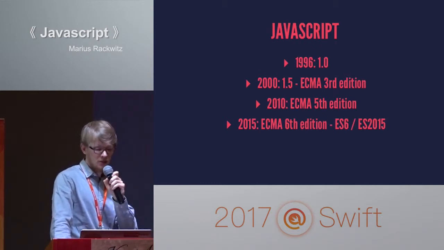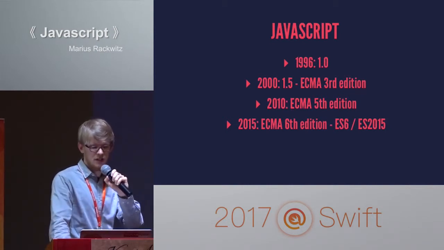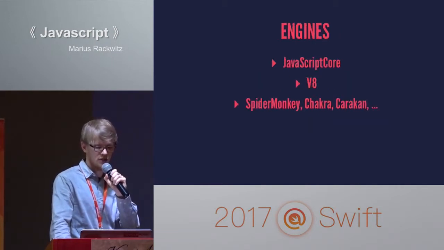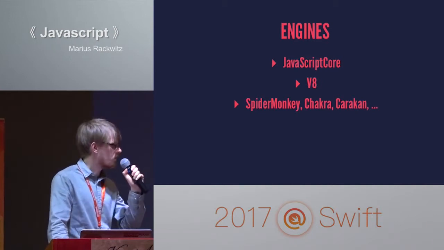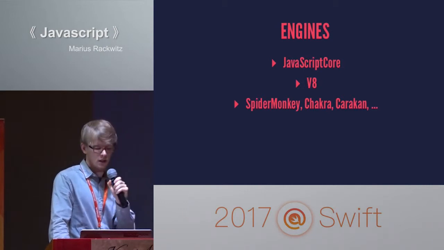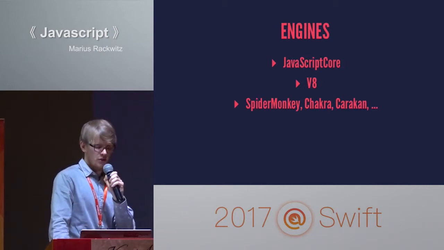And JavaScript is supported, as we know, by browsers, and there are a lot of different browsers out there, so we have a lot of different implementations. For us, most relevant as mobile developers is JavaScript Core by Apple and V8 by Google. Beyond that, the others here on the slide are relevant in the web. How do we deal with all of that?